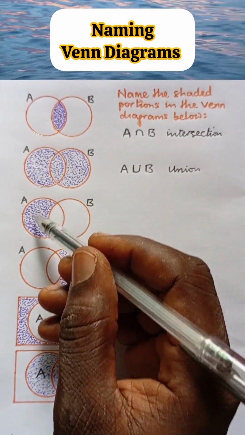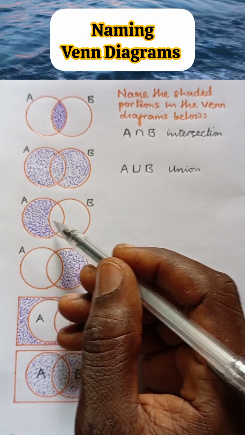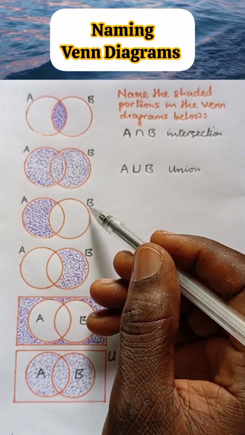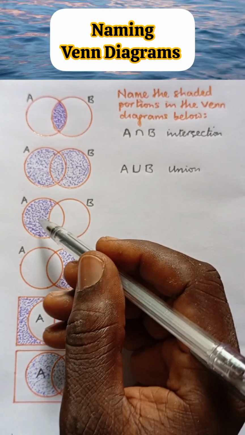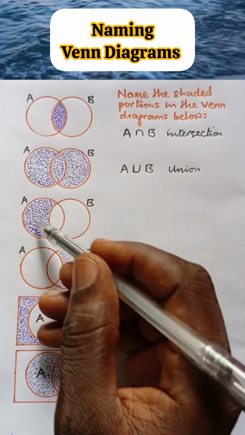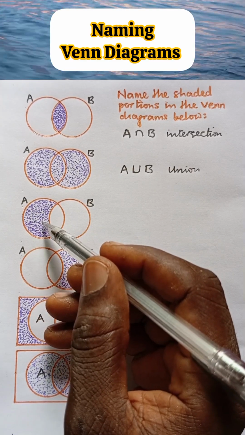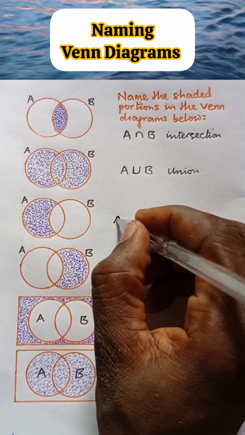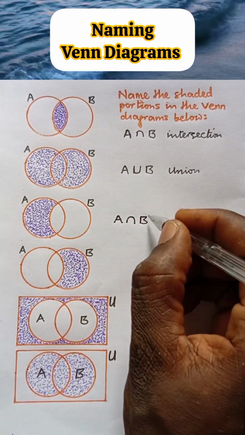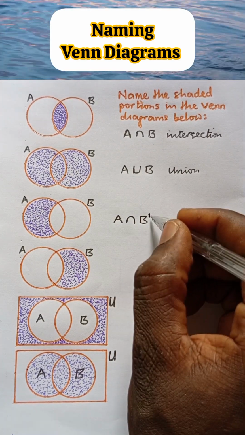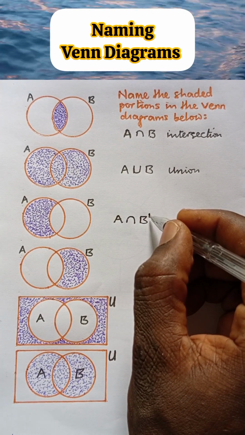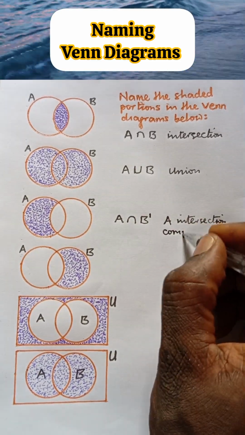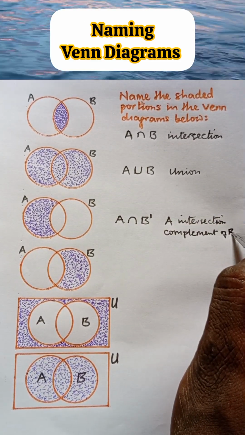And so we can say this shaded portion are elements needed to complete B. And so the shaded portion represents the complement of B. At the same time, the shaded portion is the element of A. So we can say the shaded portion is A intersection complement of B, and this is written as A ∩ B'. This sign here is called complement. So we can write this name as A intersection complement of B.